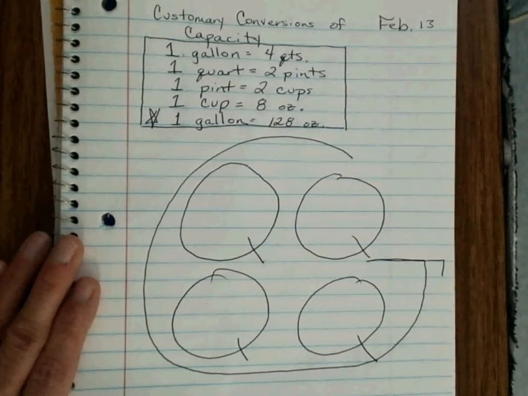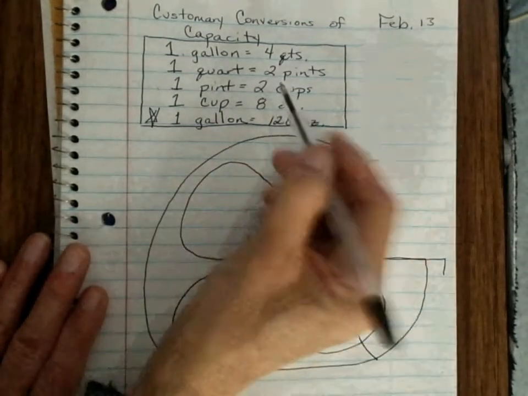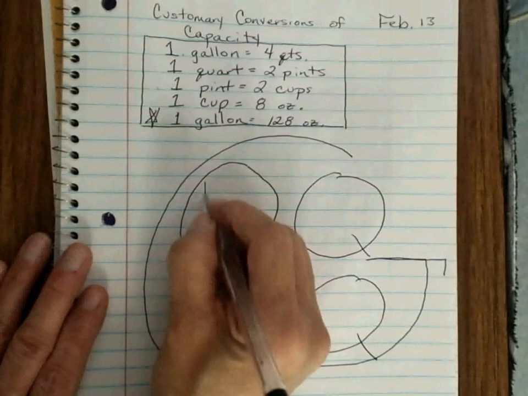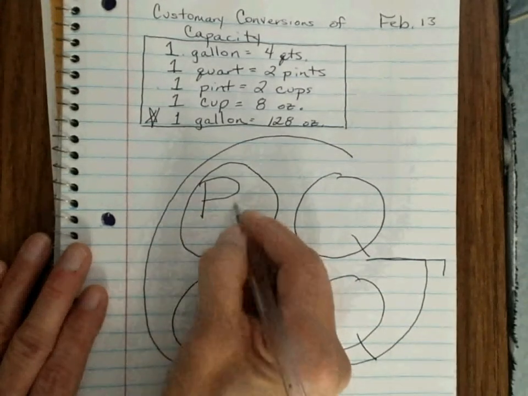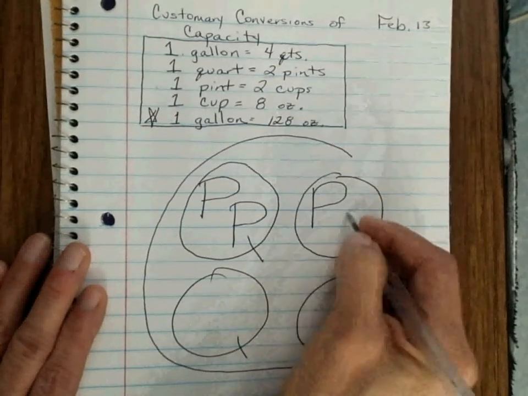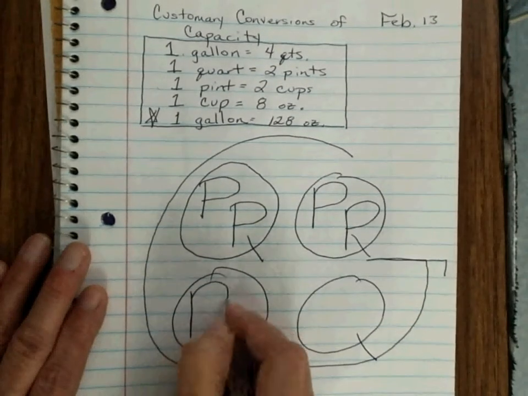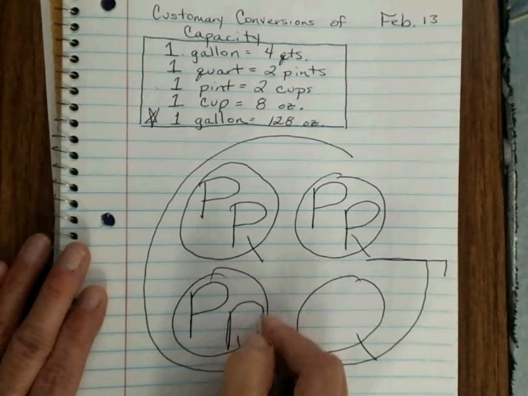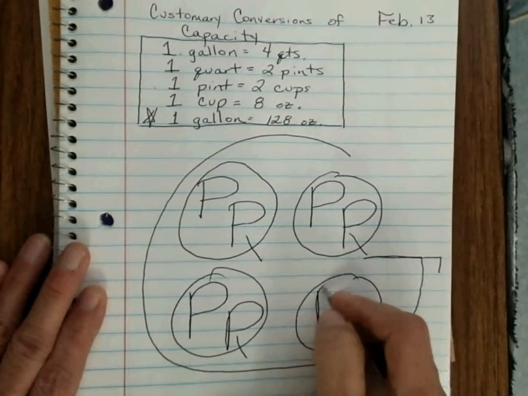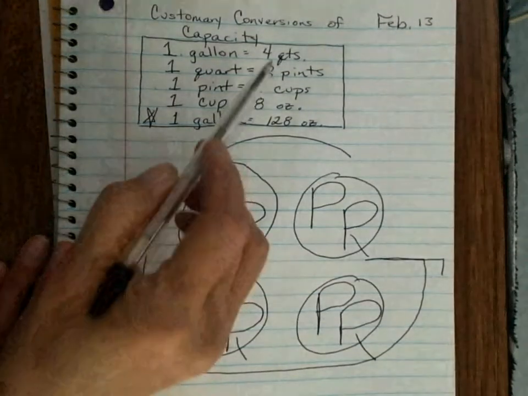And then looking back up here at my chart, I can see that in each quart there are 2 pints. So I'm going to make 2 P's inside of each Q. Okay, so there's my 2 pints inside of each quart.